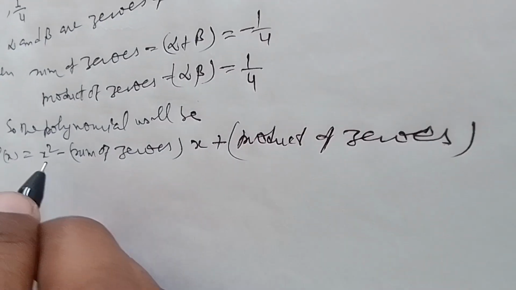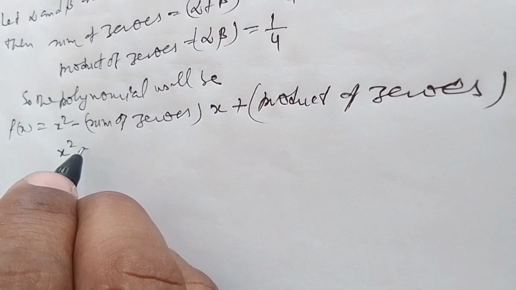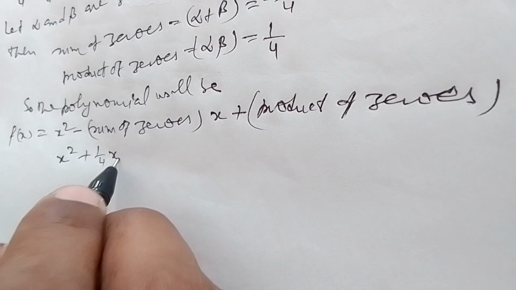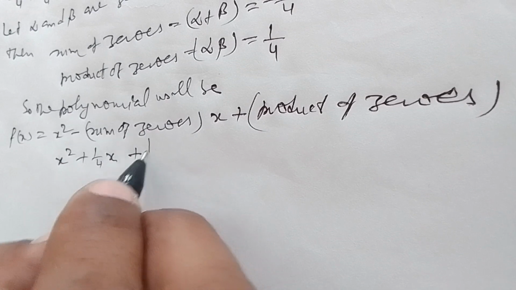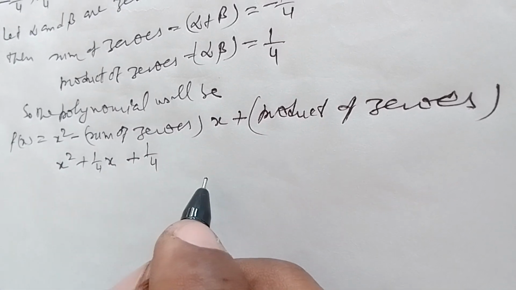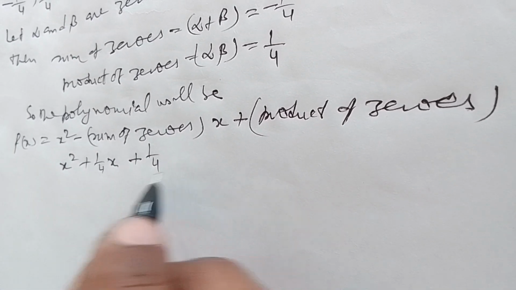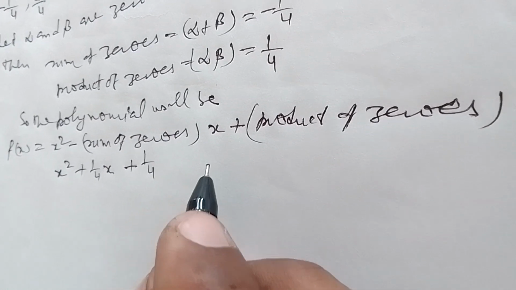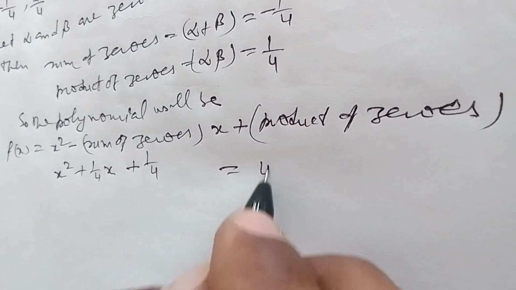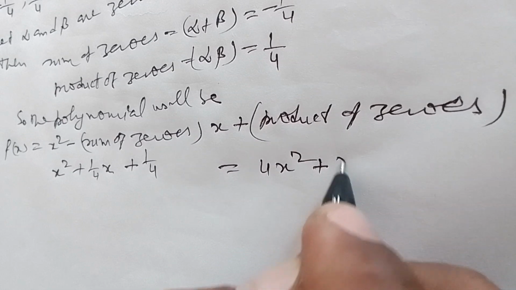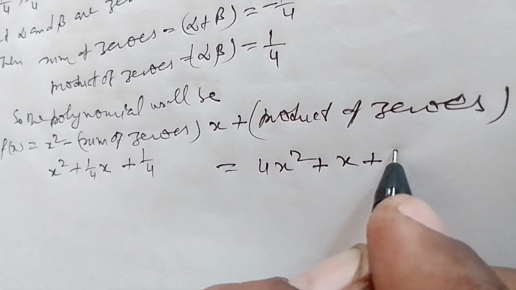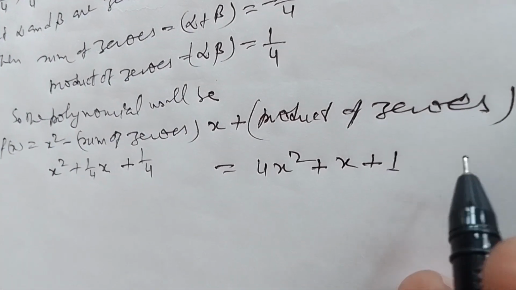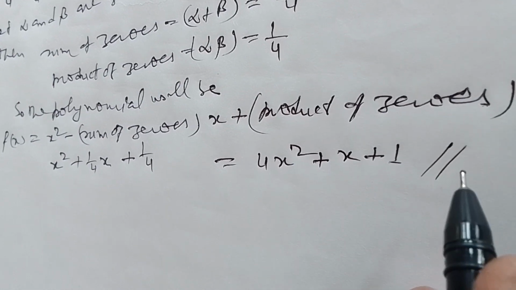So by inserting the values, x square, sum of zeros we have calculated minus 1 by 4 x plus 1 by 4. Here 4 appears as the denominator in two terms. So the answer comes out to be 4x square plus x plus 1. So this is the solution of the fifth part of the second question.